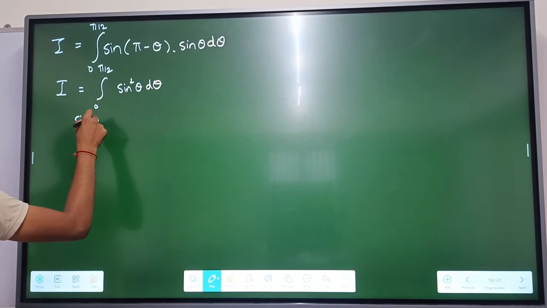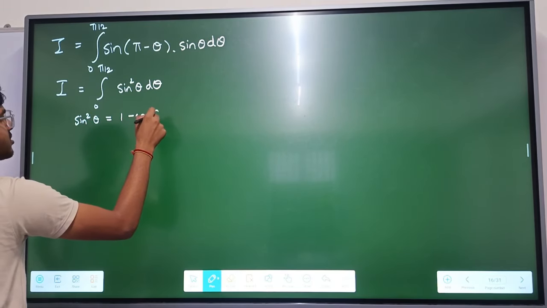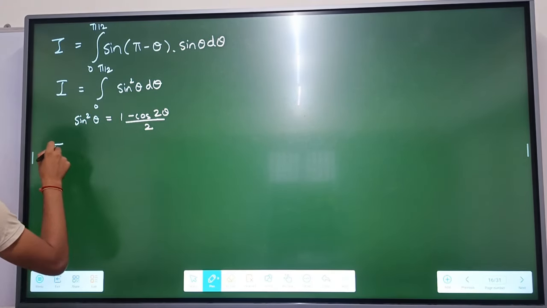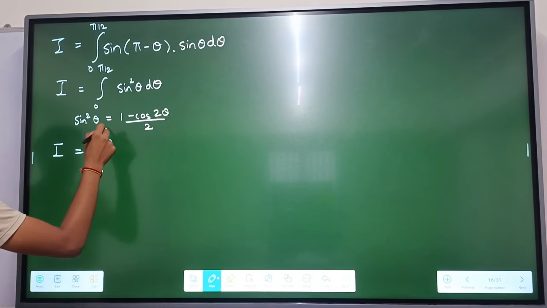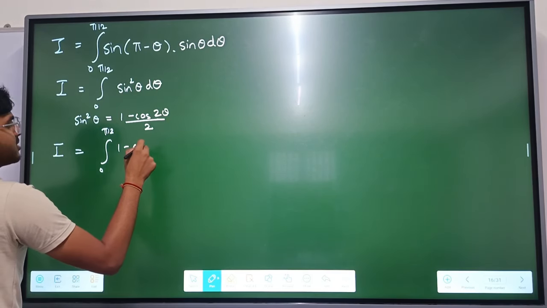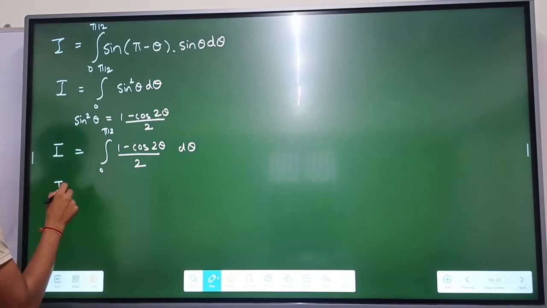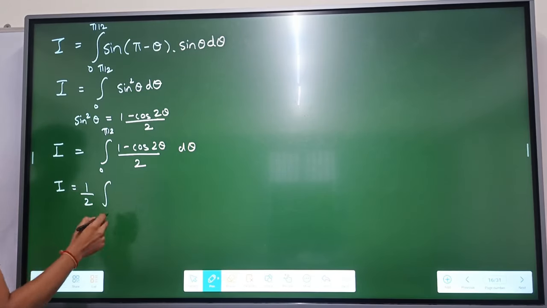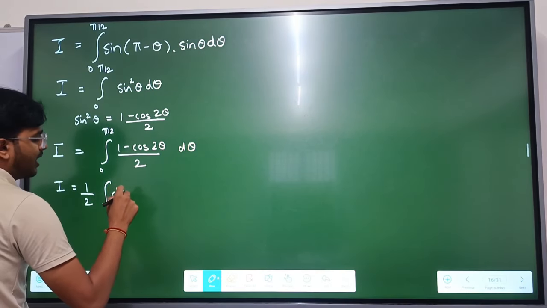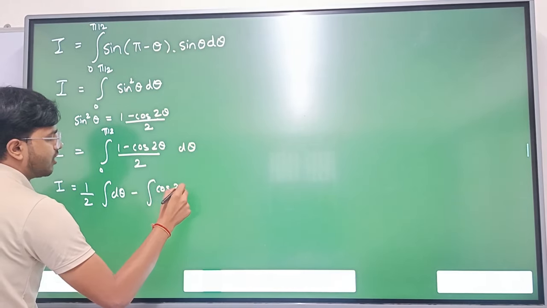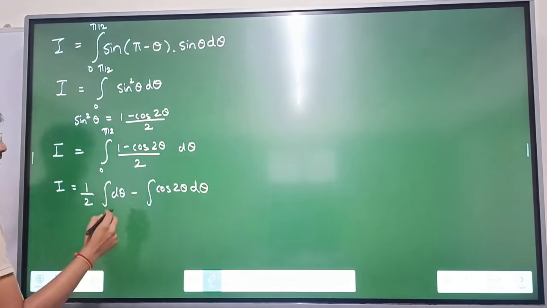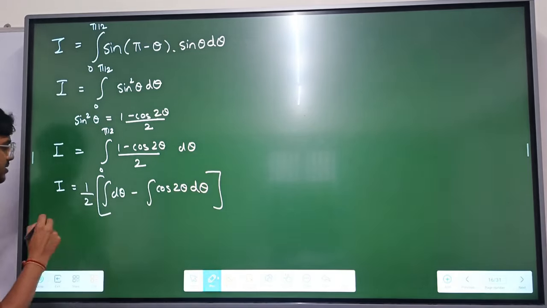Now sin square theta I can write as 1 minus cos 2 theta by 2. So I would be from 0 to pi by 2 of 1 minus cos 2 theta by 2 into d theta. So I would be 1 by 2 integration d theta minus integration cos 2 theta d theta, 1 by 2 is in whole brackets.